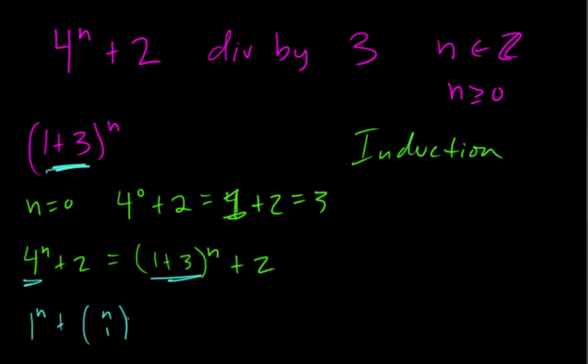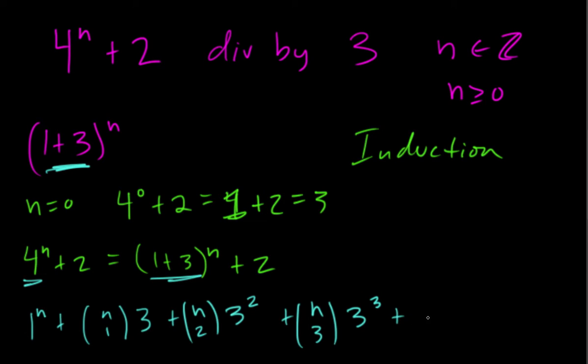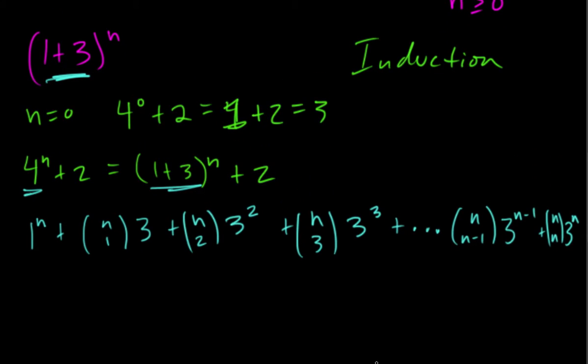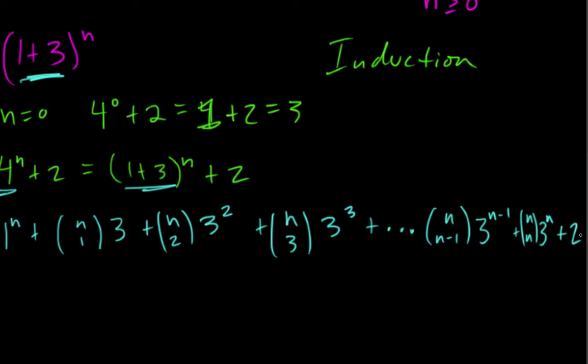plus n choose 1 times 3, plus n choose 2 times 3 squared, plus n choose 3 times 3 cubed, plus and so on up to n choose n times 3 to the n, plus 2.